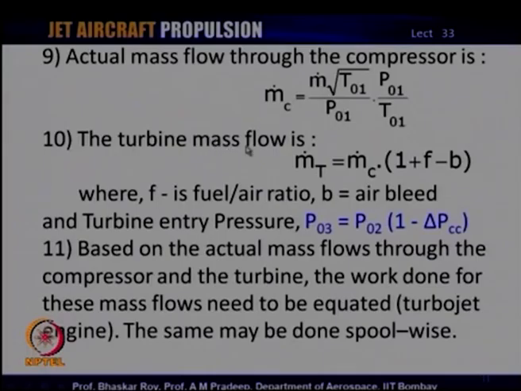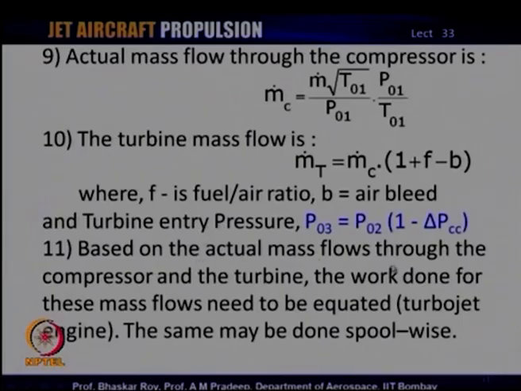Then the turbine mass flow can be written in terms of the fuel injected into the combustion chamber, and the certain amount of air that may have been bled out from the rear of the compressor for various services. That gives us the turbine mass flow, and then the turbine entry pressure can be written in terms of P 03, taking into account the pressure loss in the combustion chamber.